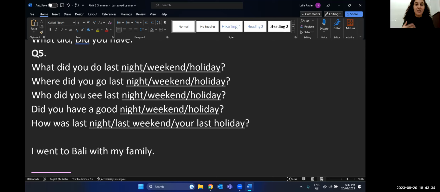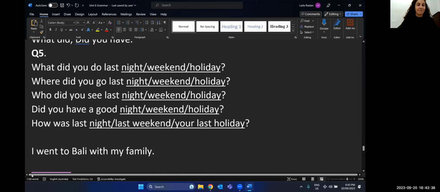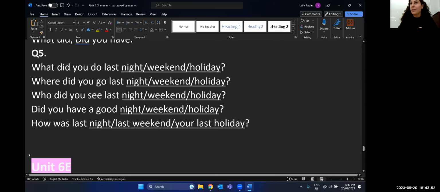So always try and give as much detail as possible. I went to Bali with my family. Perfect. So the question was where, so we need to give an answer with the location. And because go is in the present, the past of go is went, it's irregular. Good. Wilda, ask someone a question.